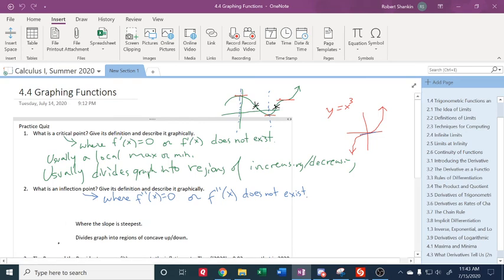F prime is extreme points of F, and F double prime, setting that to 0, gives you extreme points of F prime. So extreme points of F prime would be the steepest slopes, because F prime is all about slopes.